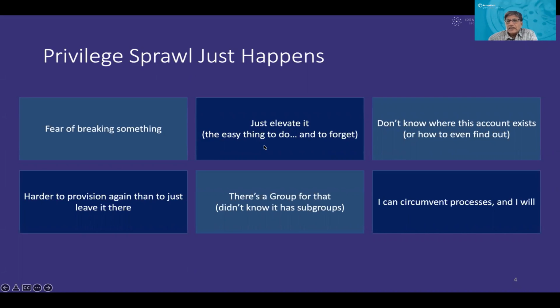The other part is just elevation. If somebody makes a special request, I want to manage certain things on particular systems, the best thing to do is, okay, I'm just going to elevate your admin privileges for a while, and then later on I may remove it. But generally, of course, people forget, and it goes back to the fear of breaking something. And more often than not, that elevation happens inside of a group.